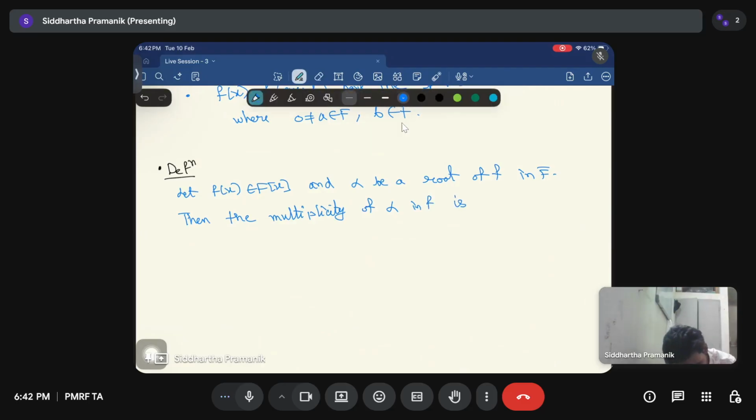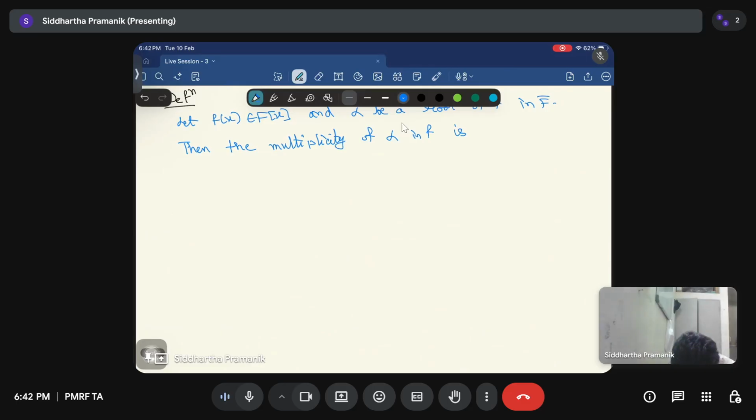So in our language it is the maximum of all those positive integers n such that (x minus alpha) to the power n divides f(x), but (x minus alpha) to the power n plus 1 does not divide f(x).